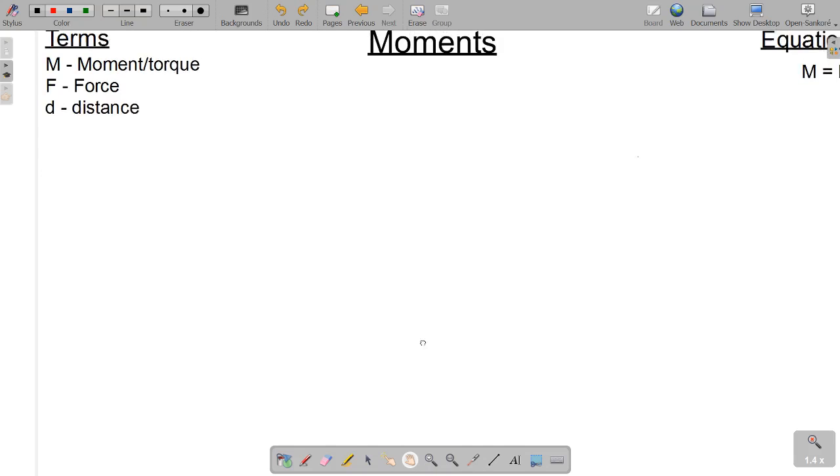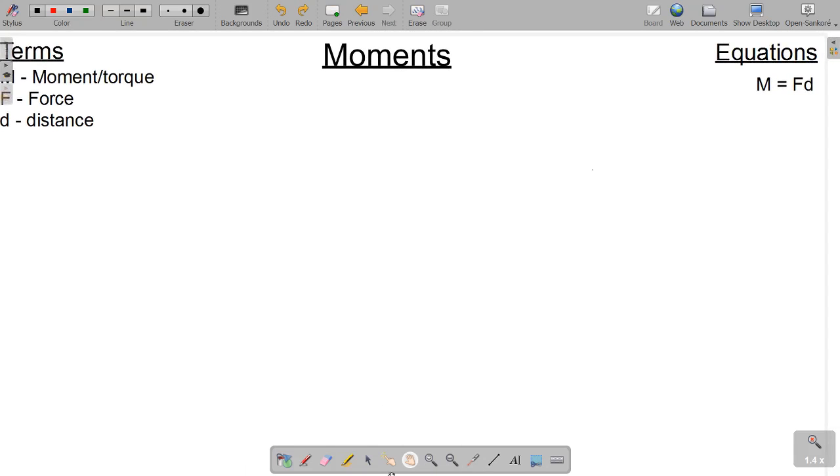The first is that you must recognize where the pivot is. Sometimes questions can give you forces acting on opposite sides of a pivot, like here and here.